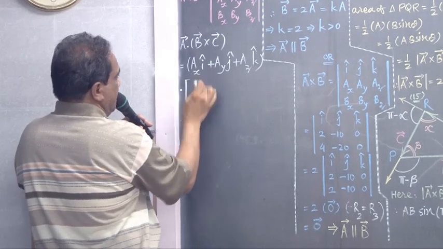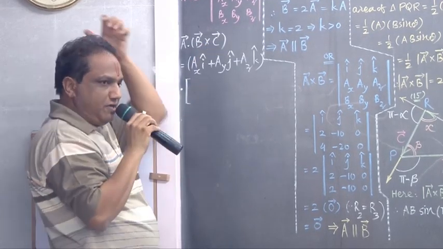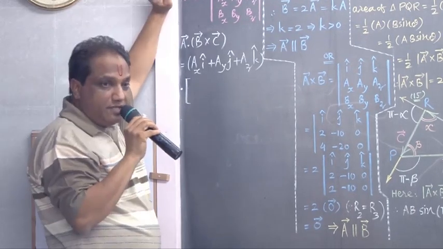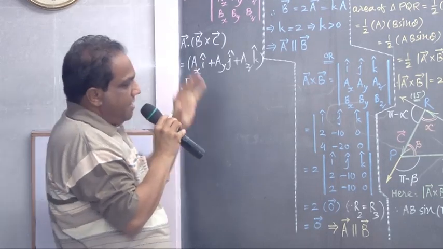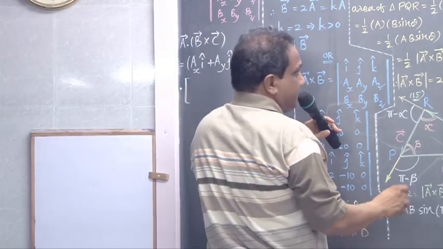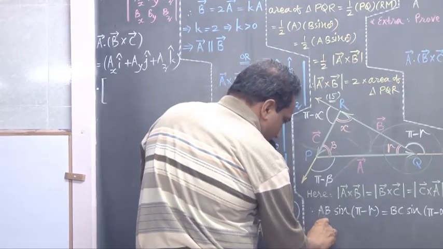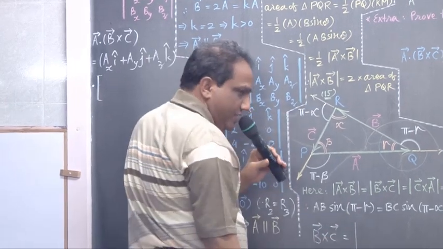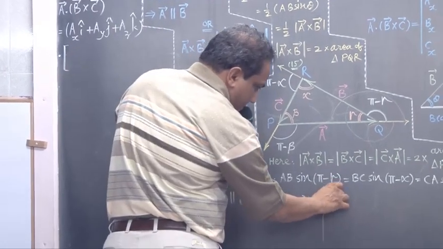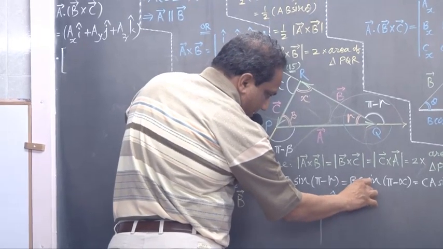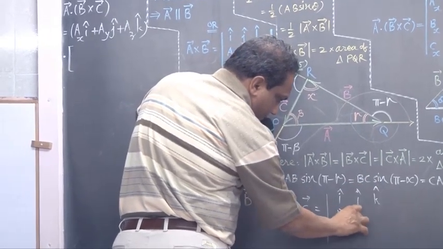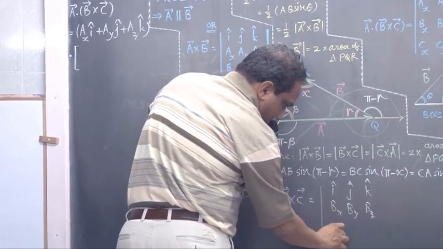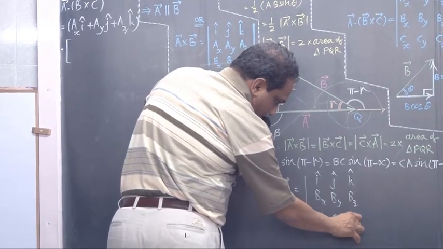Vector B cross vector C. Can you write it like this? Yes. Can I write vector B cross vector C this way, as a 3 by 3 determinant: i hat, j hat, k hat, Bx, By, Bz, Cx, Cy, Cz.